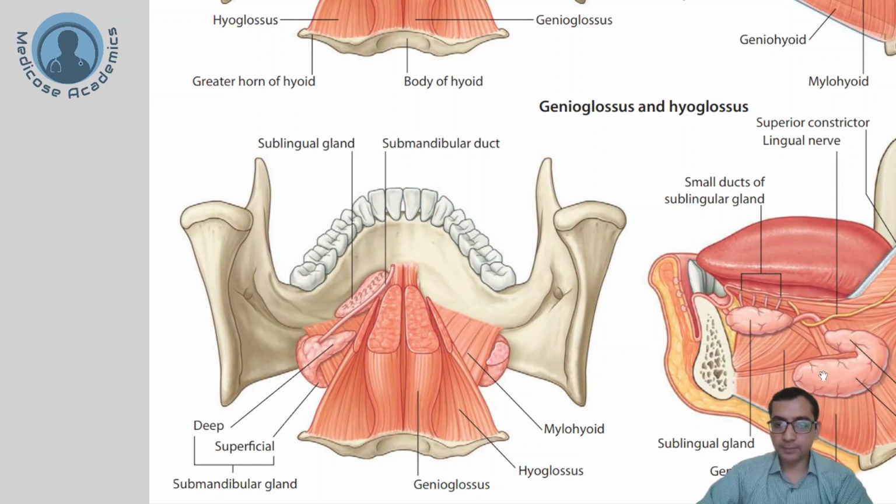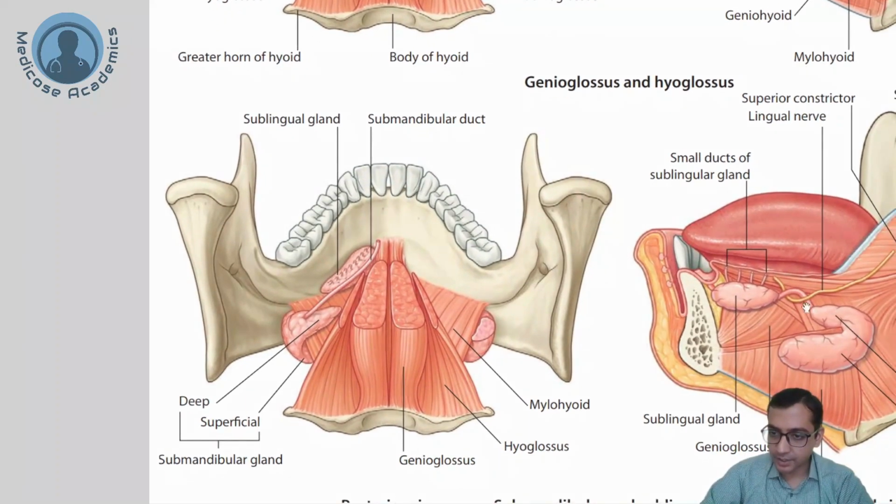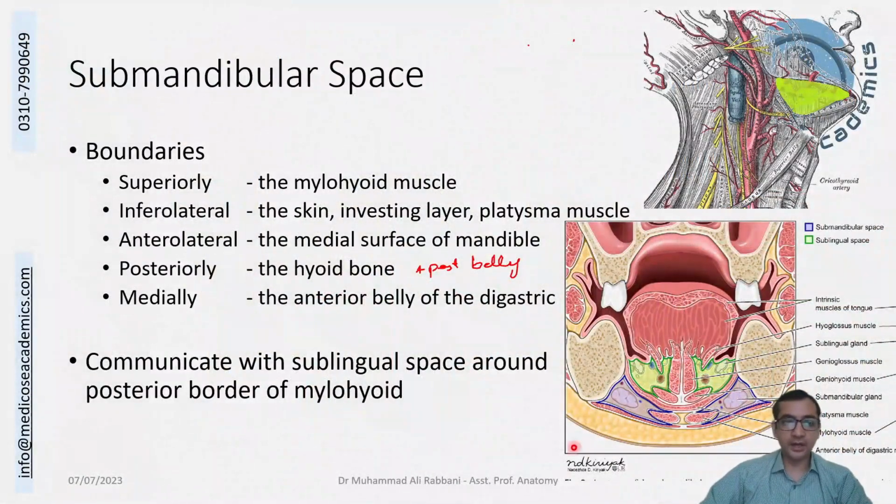So the point I'm trying to make is the submandibular space is below the mylohyoid muscle. It curves around the posterior margin and comes to the top, to the sublingual space. So the submandibular and sublingual spaces are in connection with one another behind the posterior border of mylohyoid.